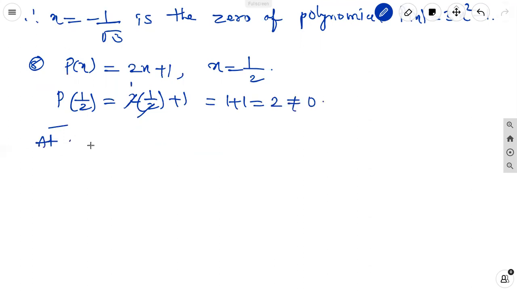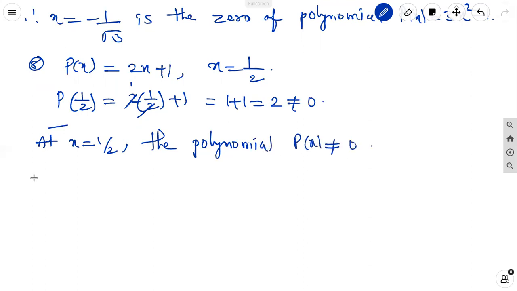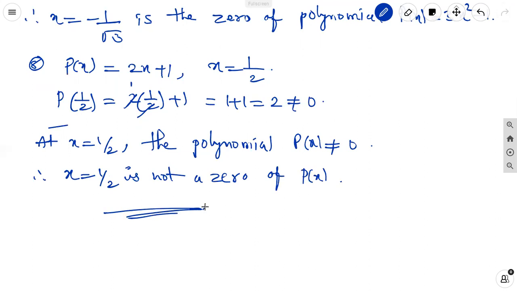At x equal to 1 by 2, the polynomial p of x is not equal to 0. Therefore, x equal to 1 by 2 is not a zero of polynomial p of x.